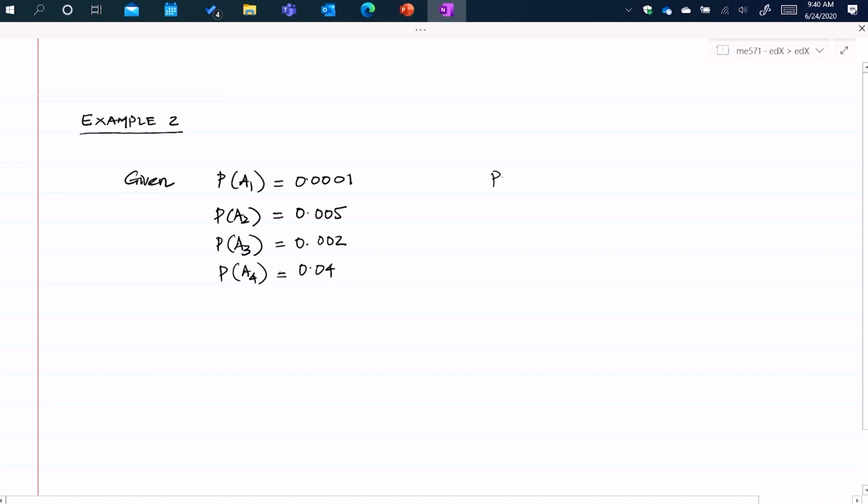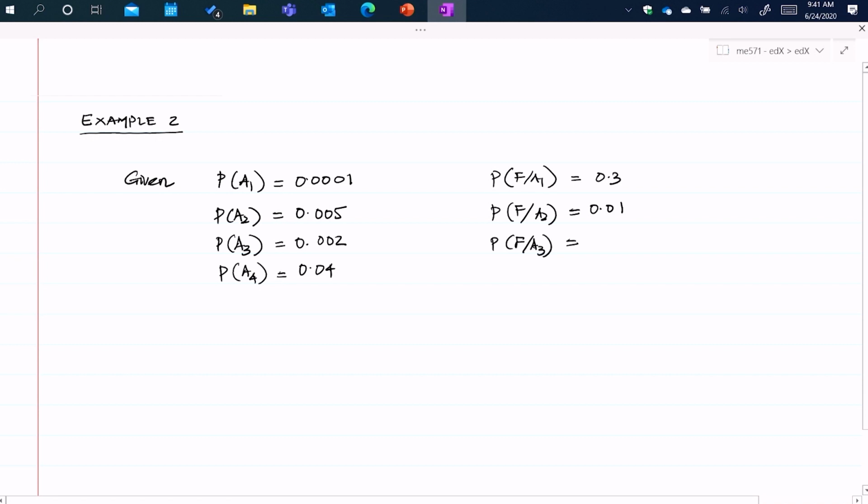And we're also given probability of failure given event A1. And this is what we would do in a lab experiment. We would isolate a specific failure cause and ask the question, what's the probability that it will lead to system failure?